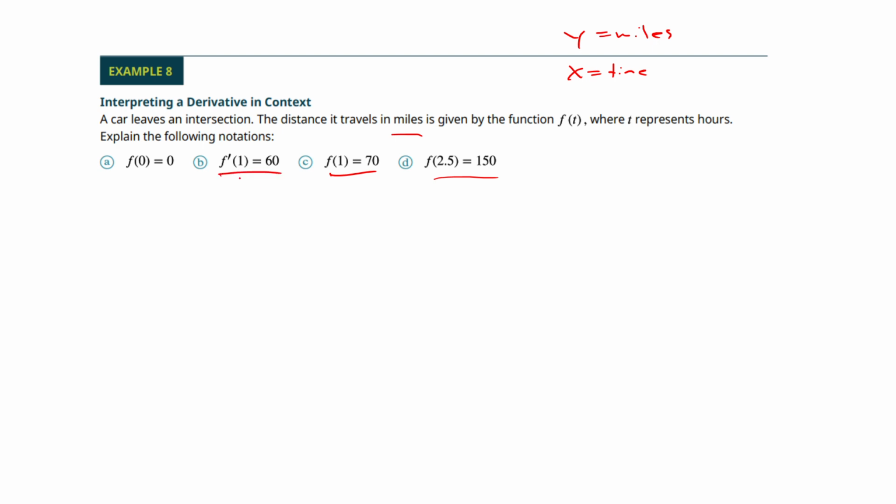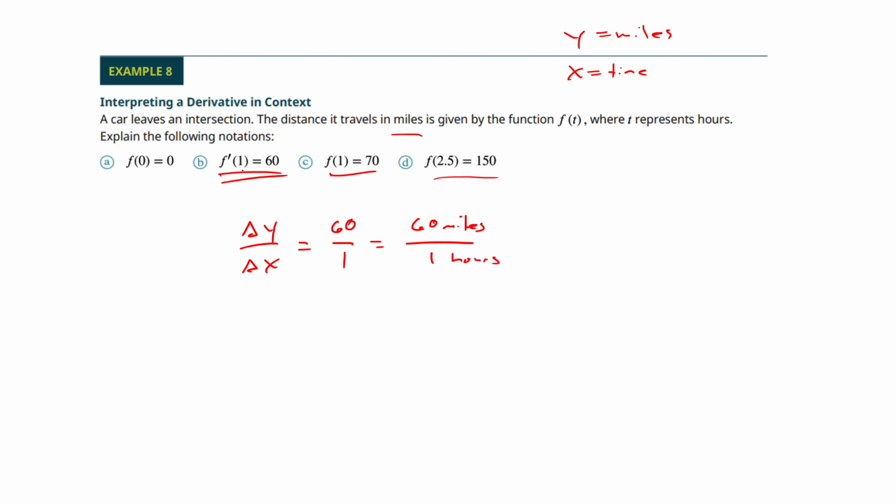So what does this one mean? Well, this one is an instantaneous rate of change. So the 60 is a slope. When we put in time of 1, we're not getting out miles, we're getting out a slope. We're getting out a change of y over a change in x, which means a slope of 60 over 1, where y is 60 miles and 1 represents hours.